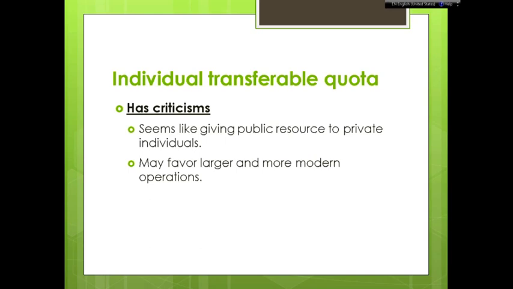We need to think about the variable costs. And once you've already bought your boat, right, fixed costs, we don't need to think about that. Think about the variable cost of harvesting fish. You can get more done in an hour with the same number of workers if you're a more modern operation. So we're going to see quotas potentially flow to the larger, more modern operations.